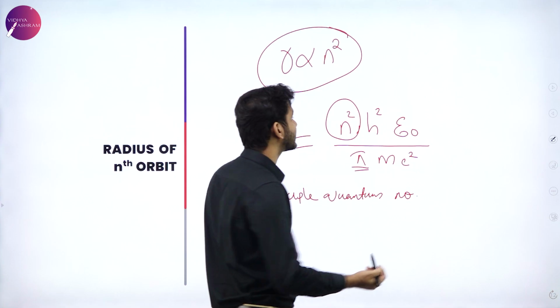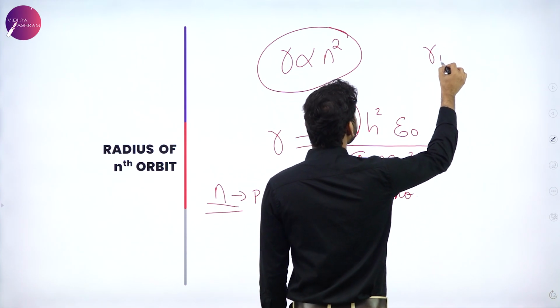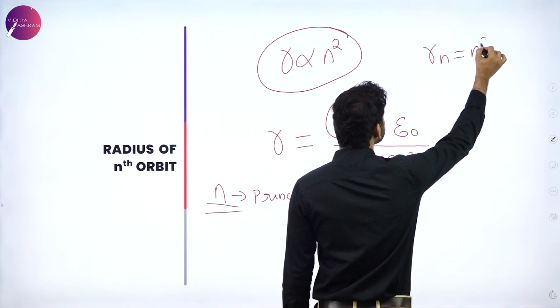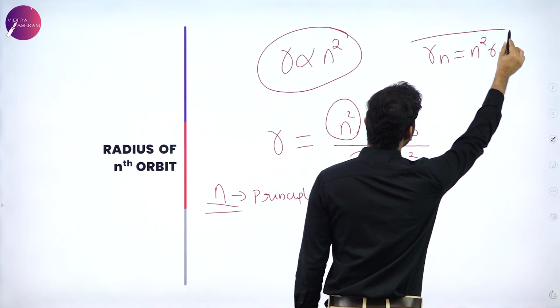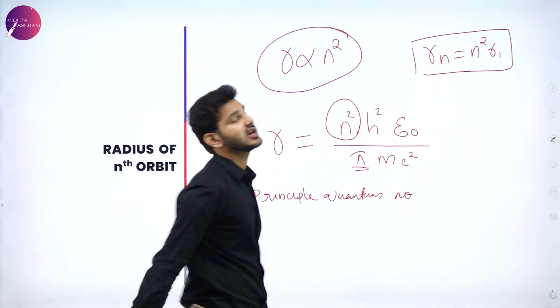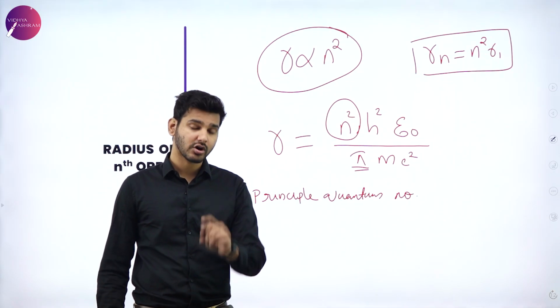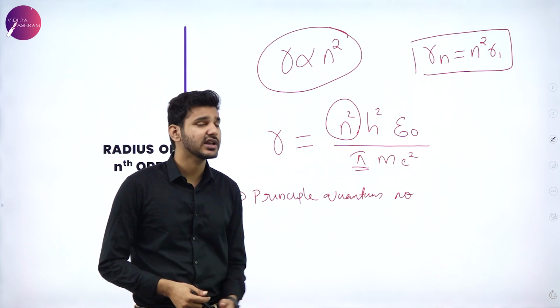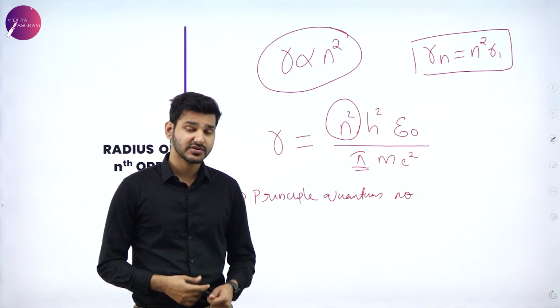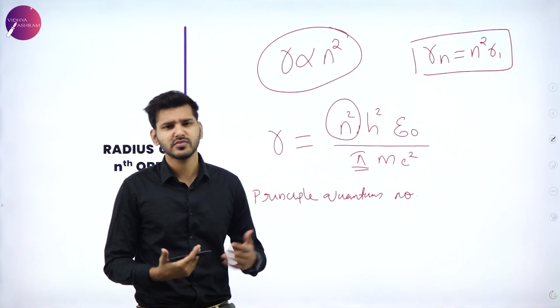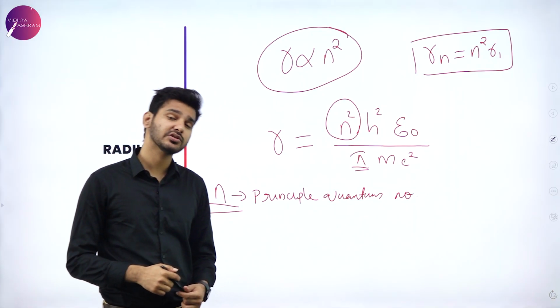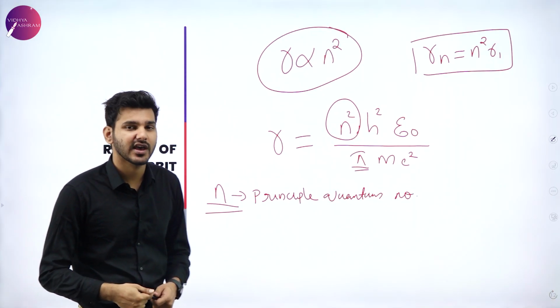Or simply we can write Rn equals n square R1, where R1 is the radius of the first orbit. This is a good relation to know, because if they ask a numerical problem, you can directly substitute these values and find the answer.